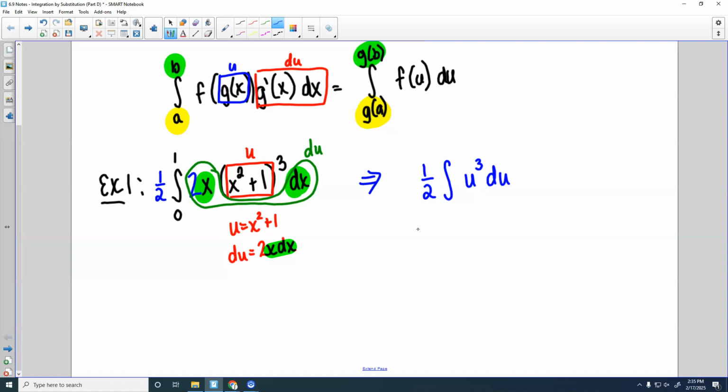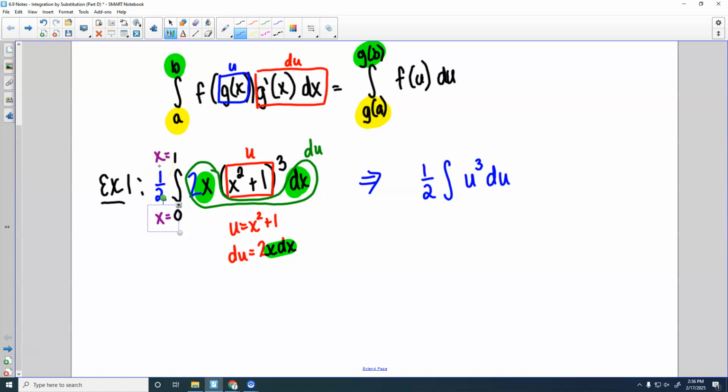Now, you have a couple options here, but one of them is going to be easier than the other. Right now, whenever I have my original function, it is a dx problem, which is telling me, although it's not written, that x equals 0 and x equals 1.